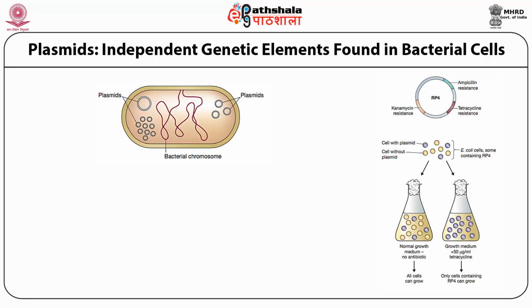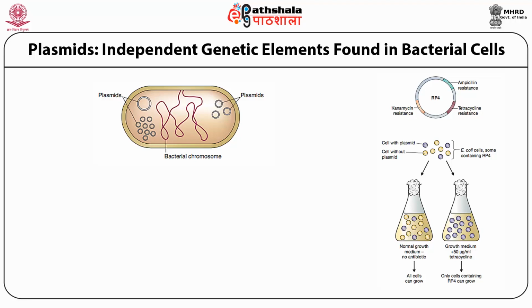When a vector containing antibiotic resistance genes is transformed into a bacterial cell, the cell acquires the ability to grow on a medium containing all 3 different antibiotics. In this case, a medium containing tetracycline, kanamycin, and ampicillin can be used to select the transformants containing this particular vector.